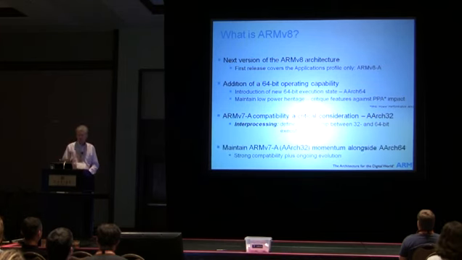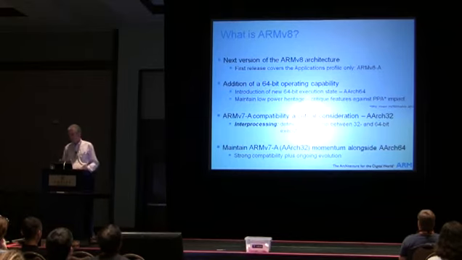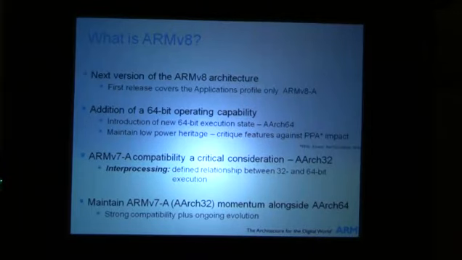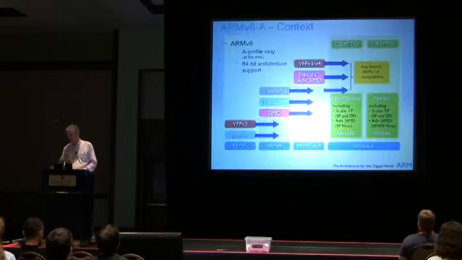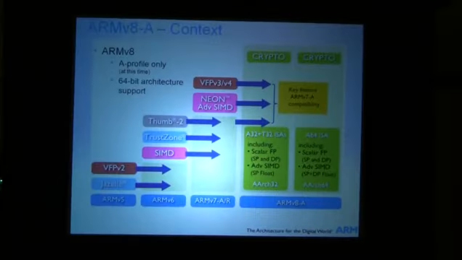And finally, it is all about maintaining momentum. This is not the end of the road of the 32-bit architecture by any means. We're introducing V7, which we expect is going to live for a long while, and it will continue to develop well into the future alongside the V8 offering, with a strong 32-bit presence. So I think this just summarizes what I said around the architecture.